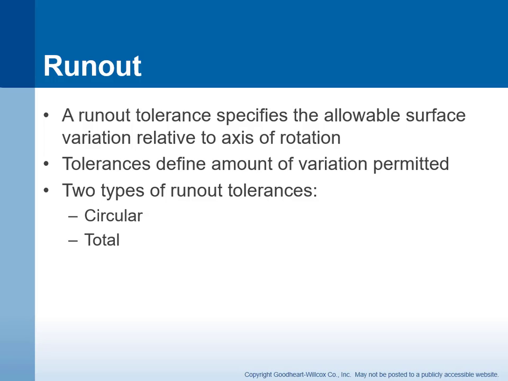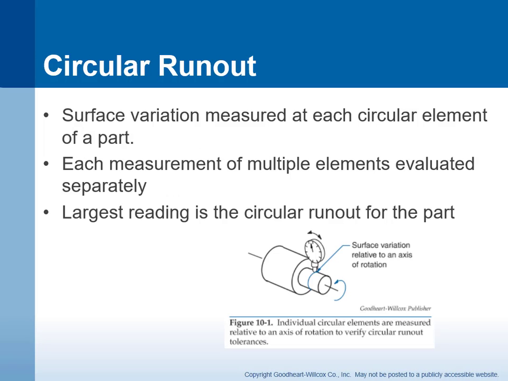Let's talk about circular first. Circular runout. Surface variation is measured at each circular element of the part. So each measurement of multiple elements is evaluated separately. The largest reading is the circular runout for the part. How we do this is we spin the part about the datum axis and measure the full indicator movement at one position. That's when we talk circular.